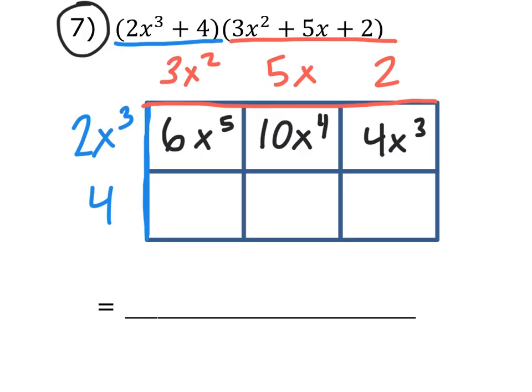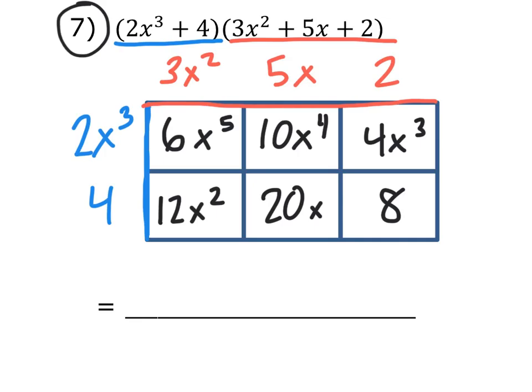Now moving down, bottom left, 4 times 3x squared is 12x squared, 4 times 5x is 20x, and 4 times 2 is 8.